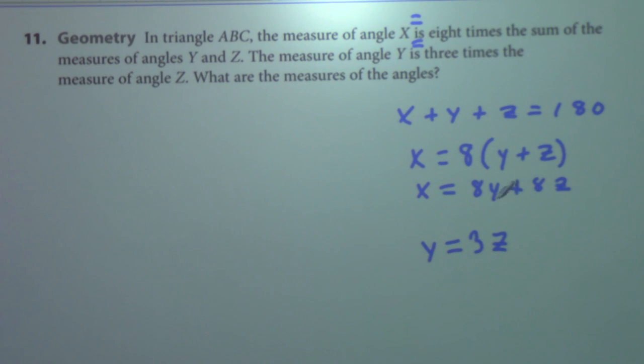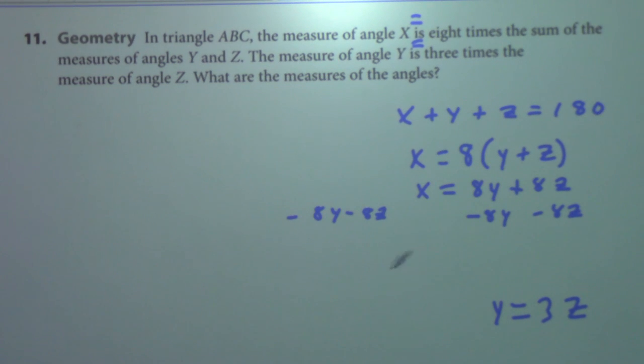If we subtract 8y and subtract 8z, what we have is x minus 8y minus 8z equals 0.